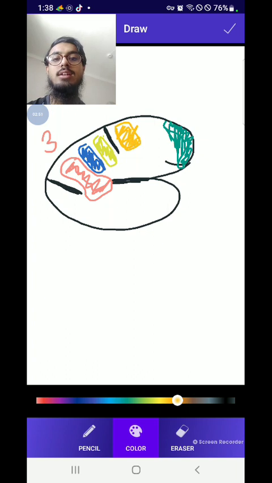Now I start the pathway, and I have to draw one more structure. This is the primary visual cortex, and this is the primary auditory cortex.